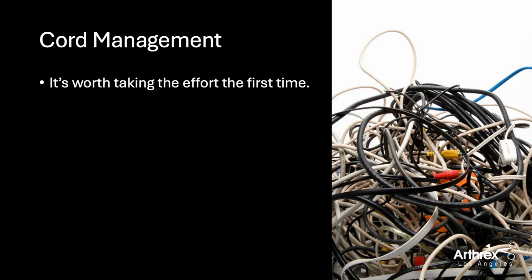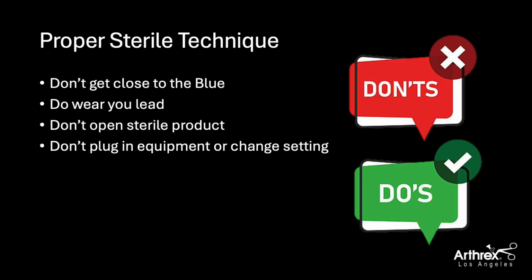And I think it's important that we start layering them from the top of the patient down, or on top of the Mayo stand down, so you don't have any cords that are commingled together, which could inhibit your ability to do a case efficiently.